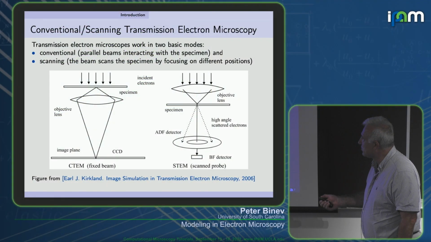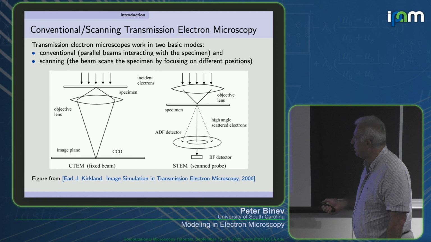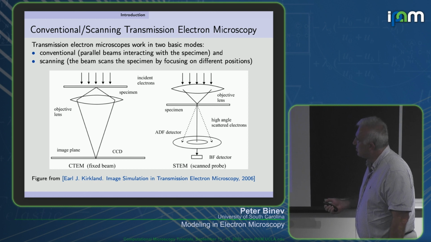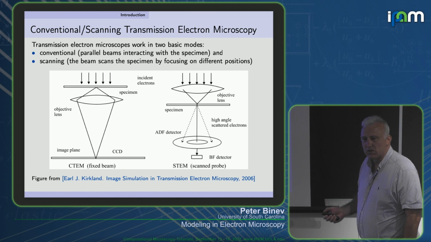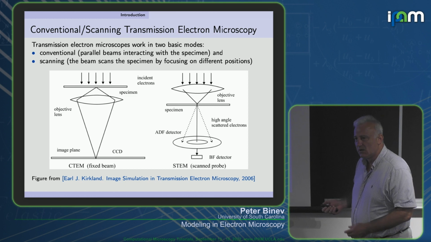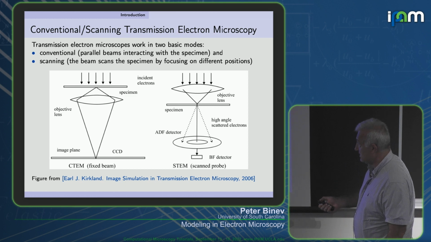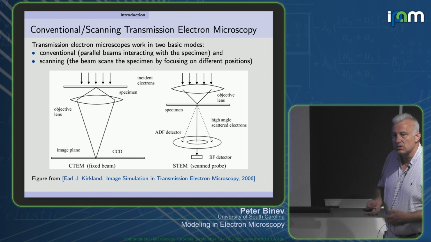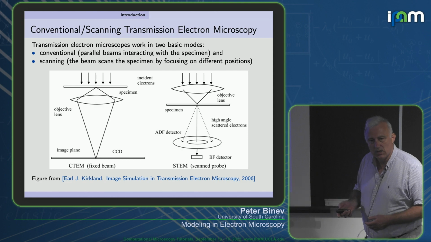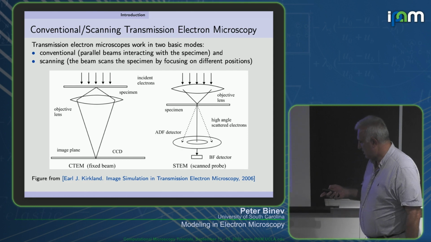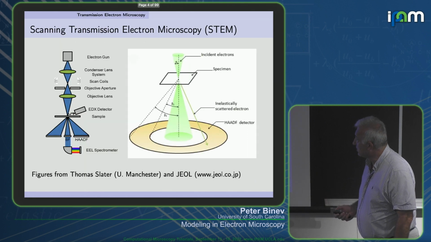That means recording one pixel of information, but scanning through the whole material. Because the second one is more computationally interesting, because it has much more to be done there, I'll consider this model, but just saying that conventional transmission electron microscopy can also be simulated in the same way with a slightly different approach.